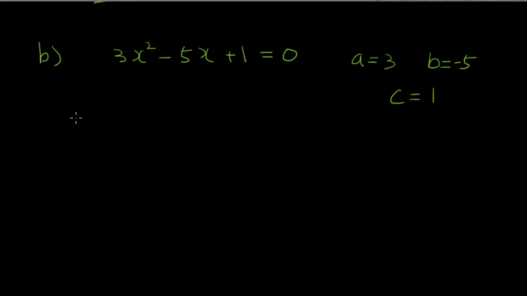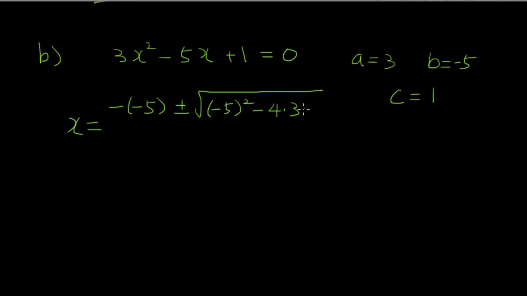So x equal -b, which is -5, plus minus square root of b squared, -5 squared, minus 4 times a times c, over 2 times a, just like that. All right.